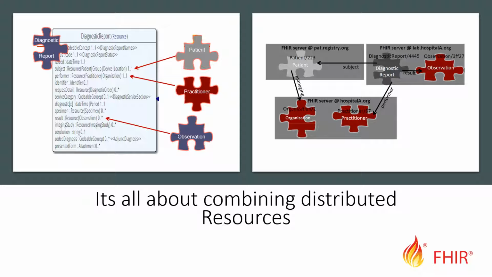These resources are very distributed in nature. The observation resource could be held within a different practice, the practitioner is a different provider, and then there's a patient in between. But they're all linked up as a cohesive unit and presented to different viewers of the patient's information in an efficient manner as applicable to them. On the right side, you see that there is a patient subject.